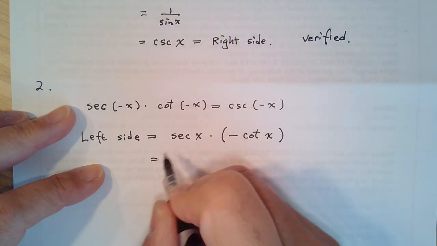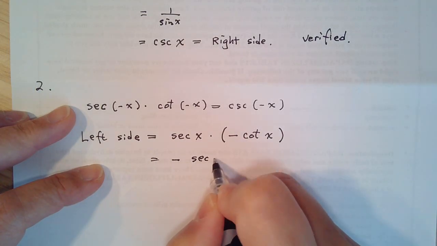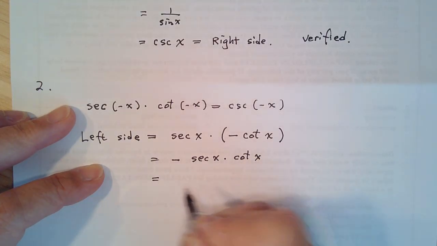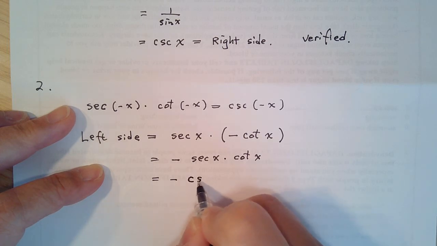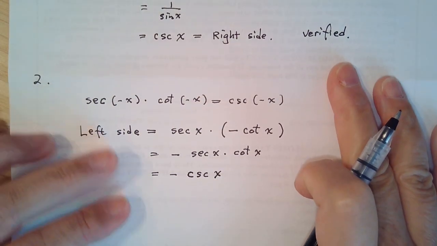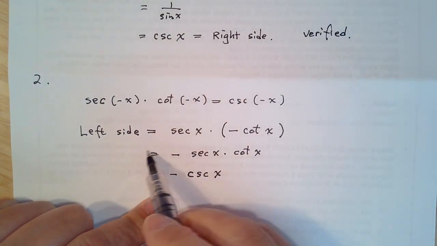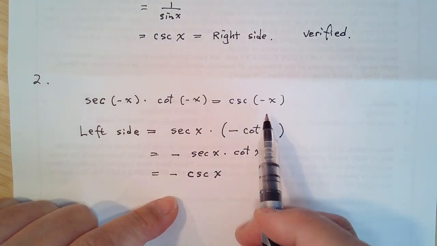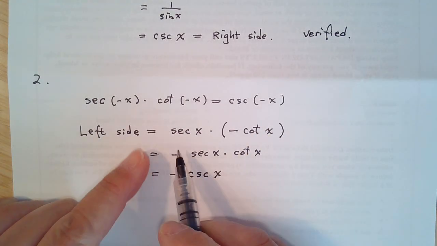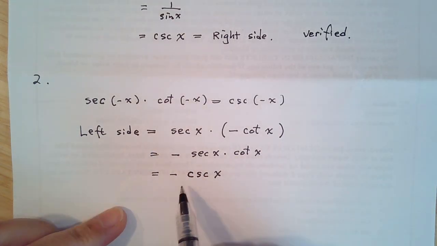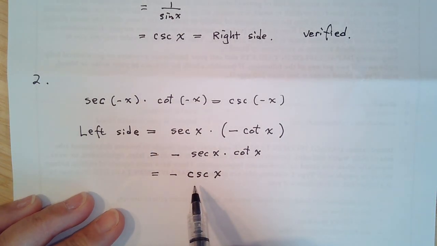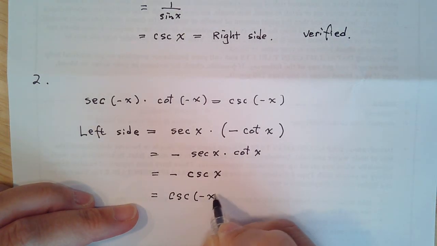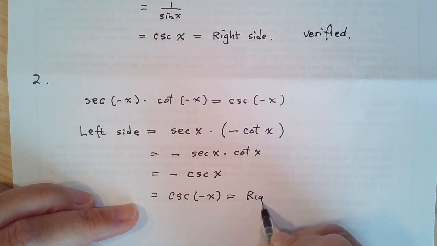Then we bring the negative to the front, so I have secant x times cotangent x, and secant times cotangent is cosecant x. When you're simplifying the left side, you always keep your eye on the right side. You try to make the end look like that. Once you get here, because we know cosecant x is an odd function, that will be the same as cosecant of negative x, and that is the right side.